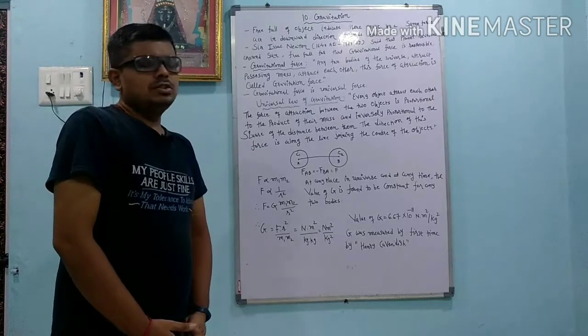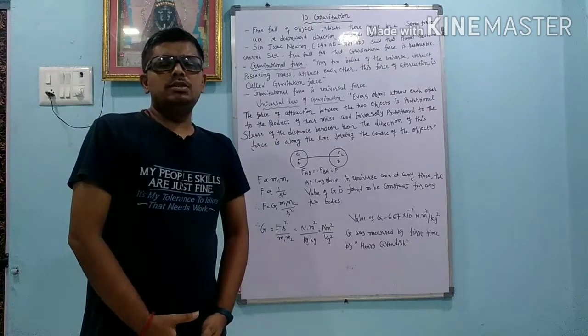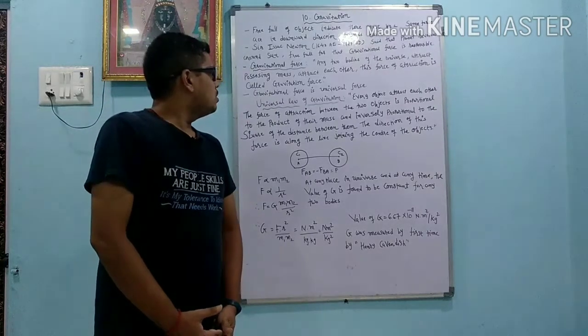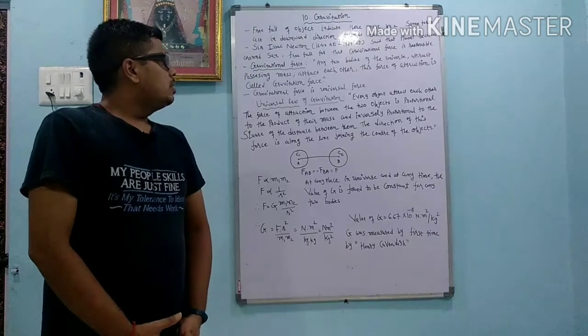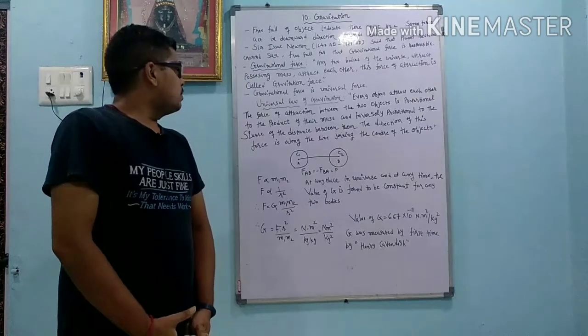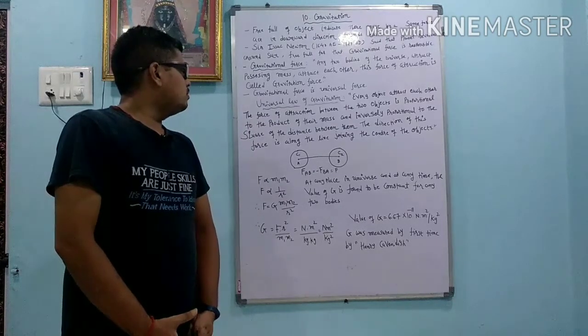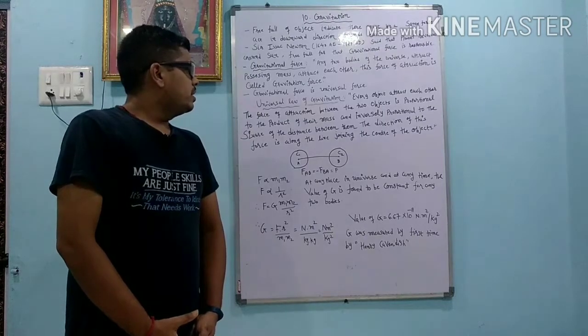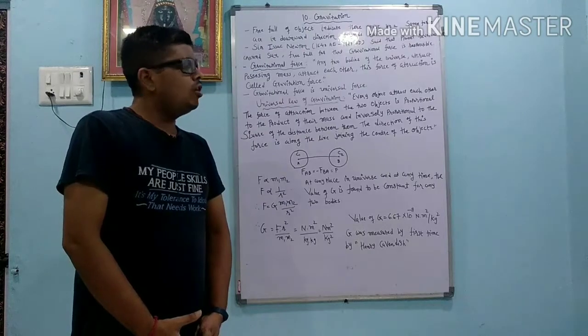Universal law of gravitation. Dear student, you remember that every object of the universe attracts each other. The force of attraction between two bodies is proportional to the product of their masses and inversely proportional to the square of the distance between them. The direction of this force is along the line joining the centers of the objects.